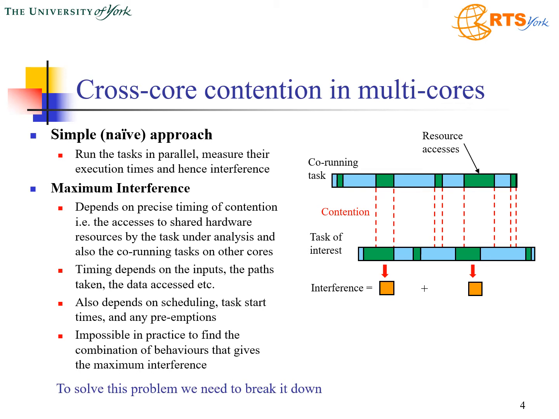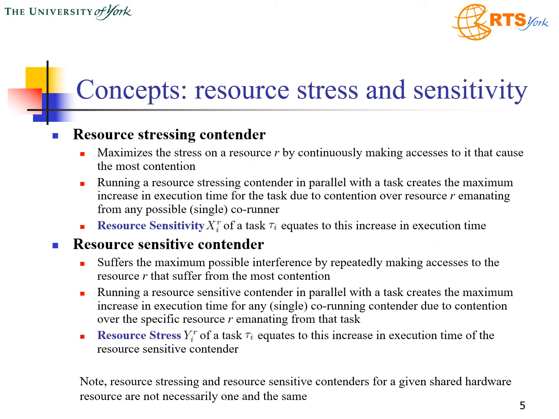So, to solve this problem, we need to somehow break it down. And the way we do that is to use the concepts of resource stress and resource sensitivity, in particular via resource stressing contenders and resource sensitive contenders. So what do we mean by this? Well, a resource stressing contender maximizes the stress on a particular resource by continuously making accesses to it that cause the most contention.